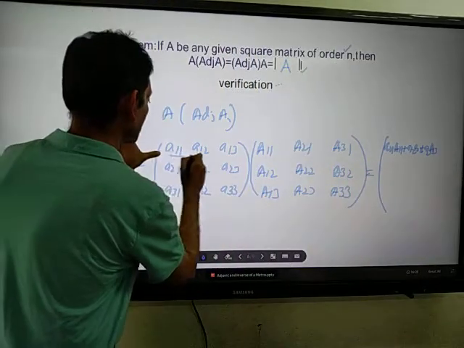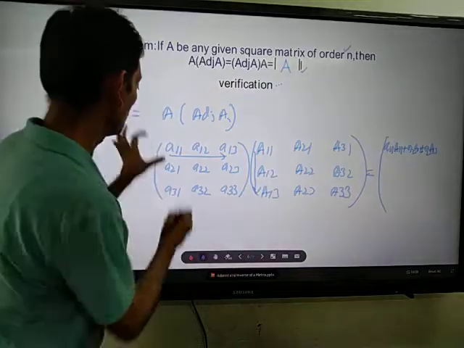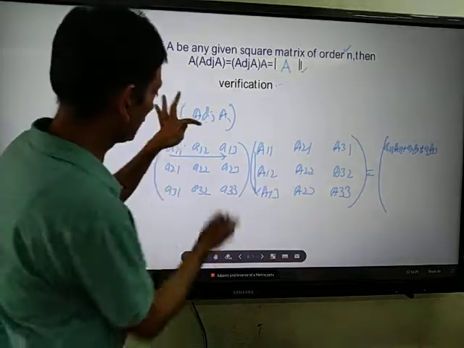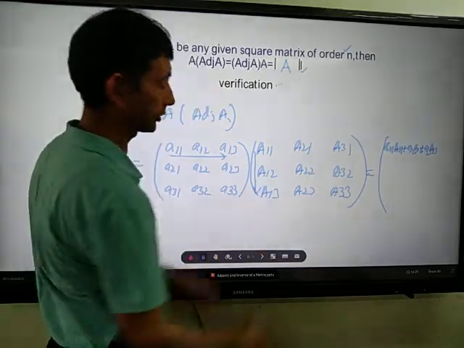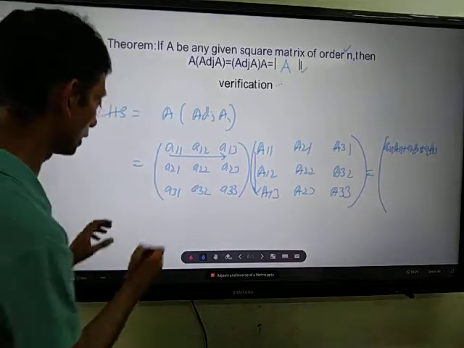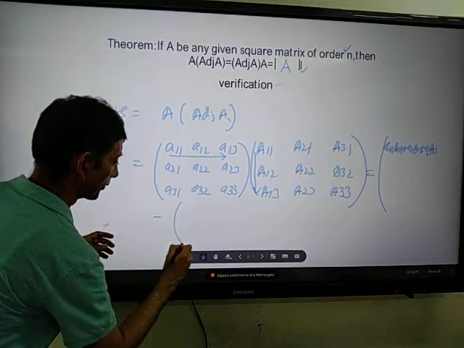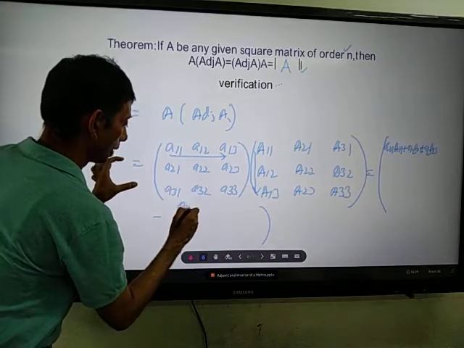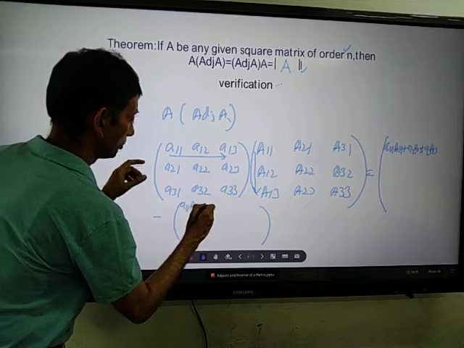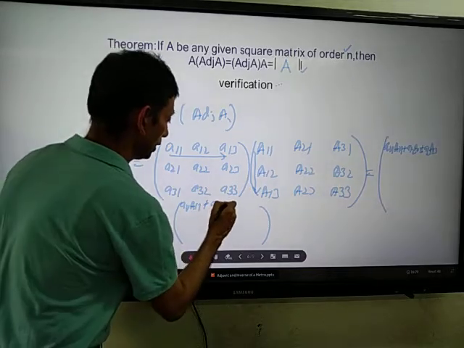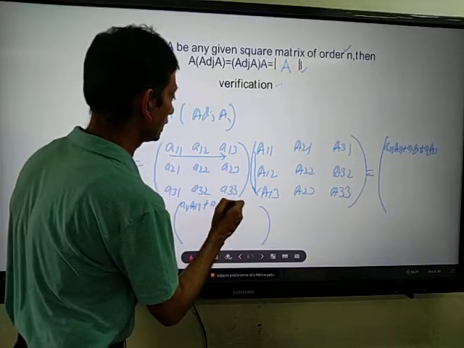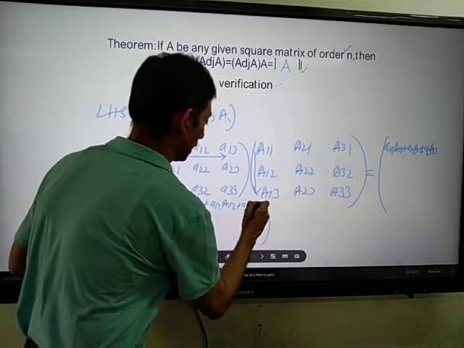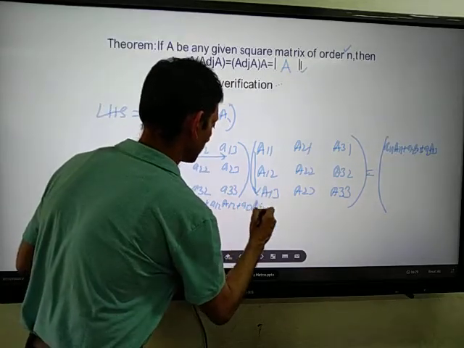It means I am multiplying this row with this column. So a11 A11 plus a12 A12 plus a13 A13.